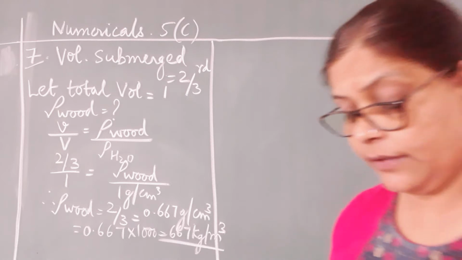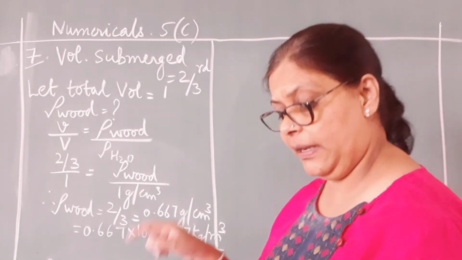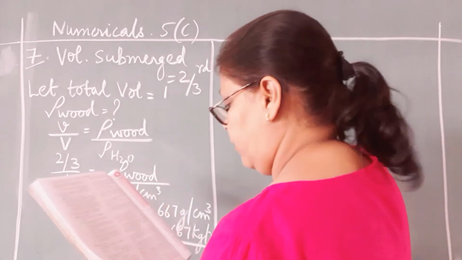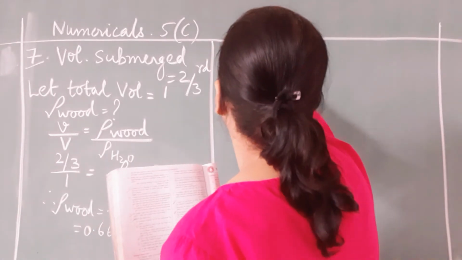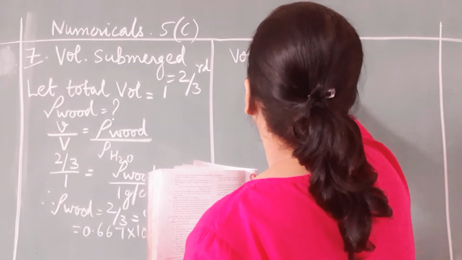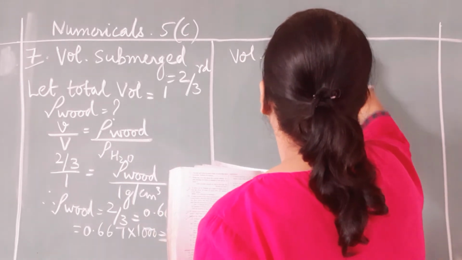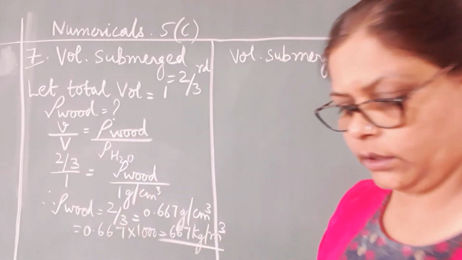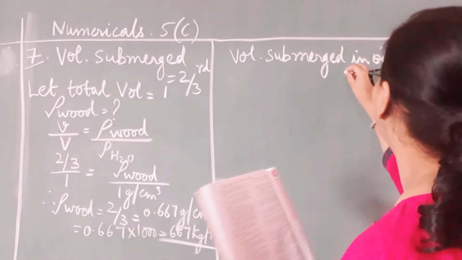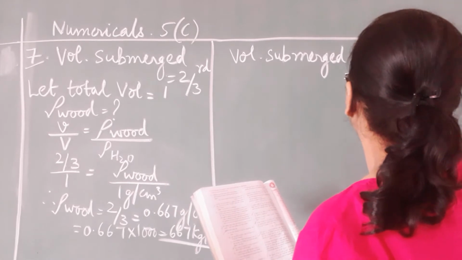In the B part they have said the same block is placed in oil. So when it is placed in oil, 3/4. So now the volume submerged in oil is 3/4. Now what does 3/4 mean? It means 3/4.